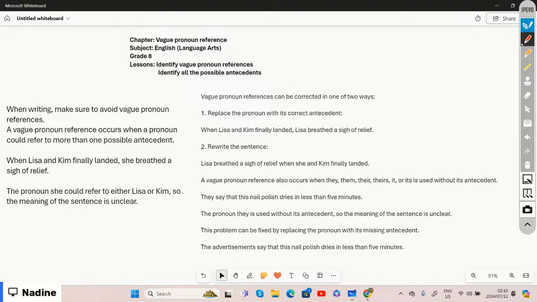They're telling us to avoid indefinite, uncertain pronoun references, or unclear references, because a vague pronoun reference occurs when a pronoun could refer to more than one possible antecedent.